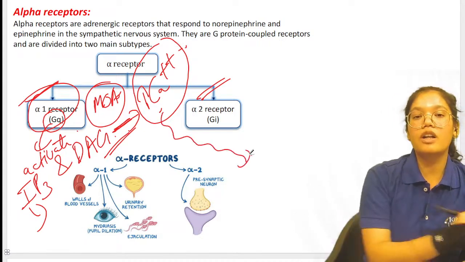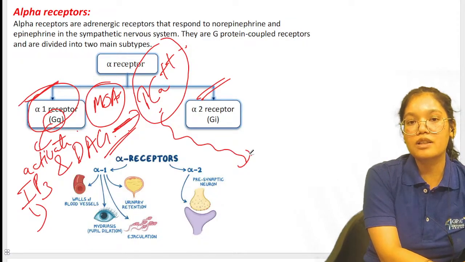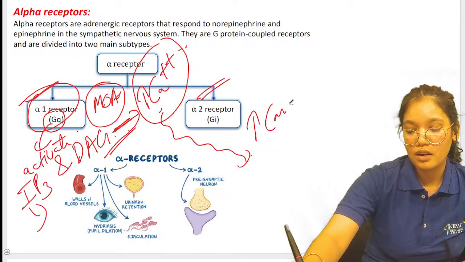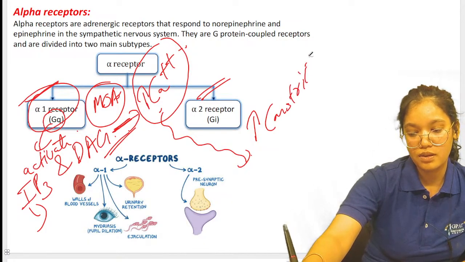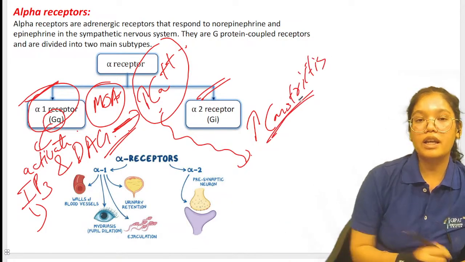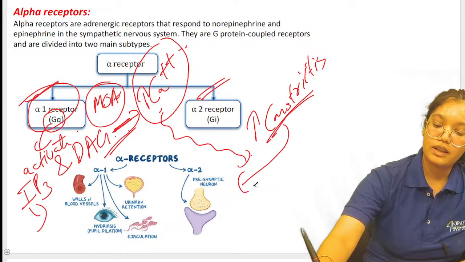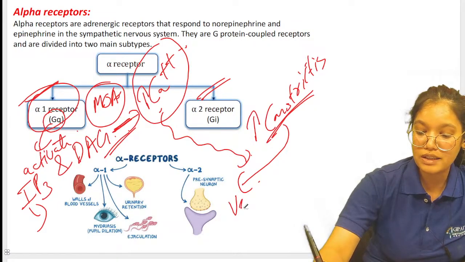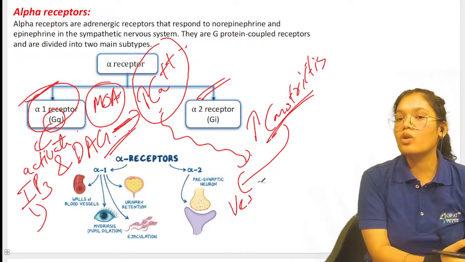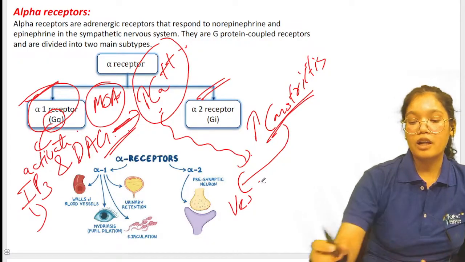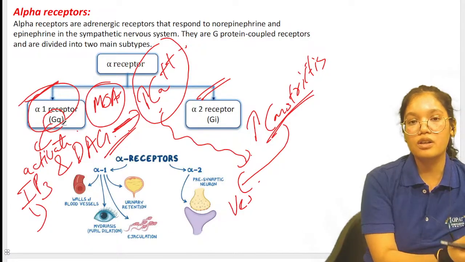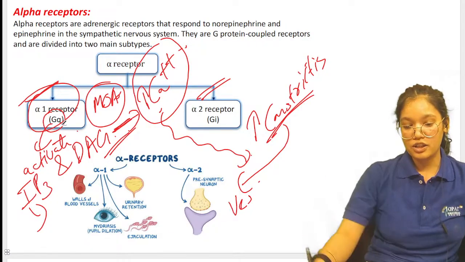As we already know, calcium is responsible for increasing constriction. So in vessels it will cause vasoconstriction, and in the ureter it will cause ureter contraction.